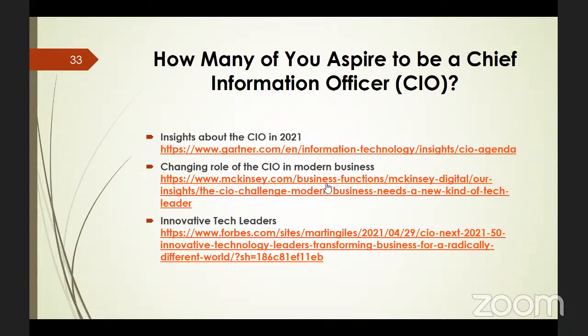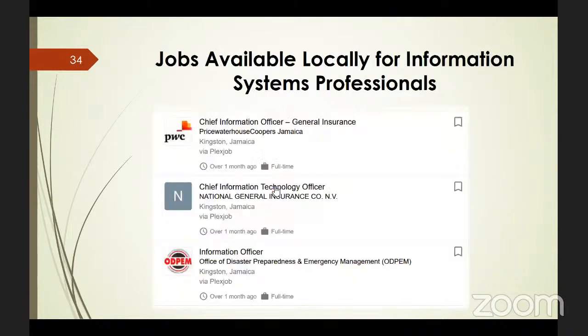And these two articles are about differences in the CIO between 2020 and 2021. And I did a search a couple of days ago, it was Saturday, and these are information officer positions available in Jamaica, right now or recently. So these are jobs that are being hired. So we do have a need for information systems.